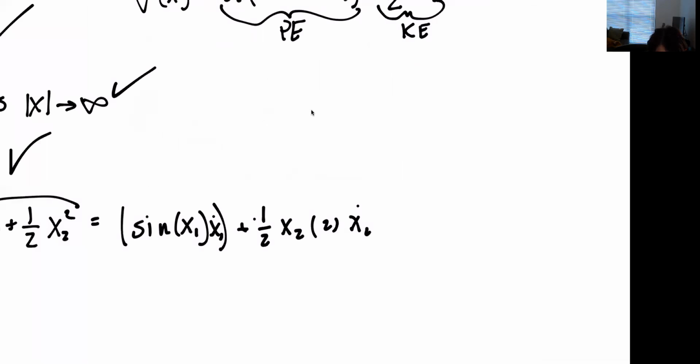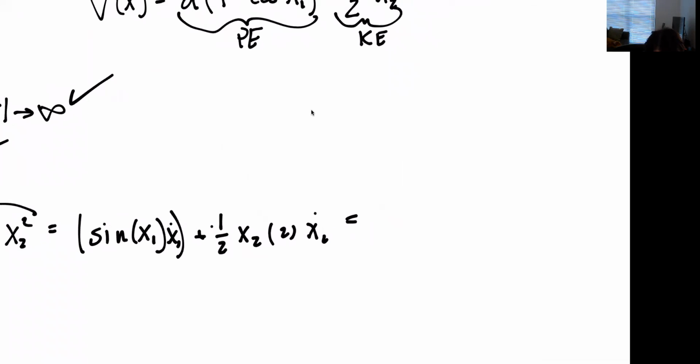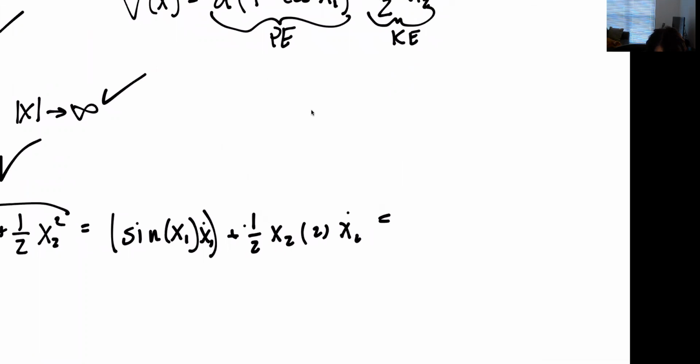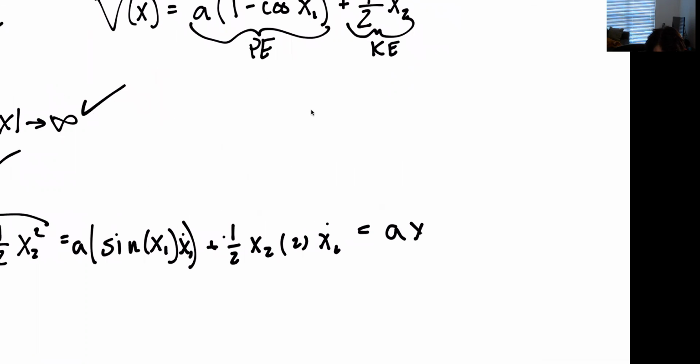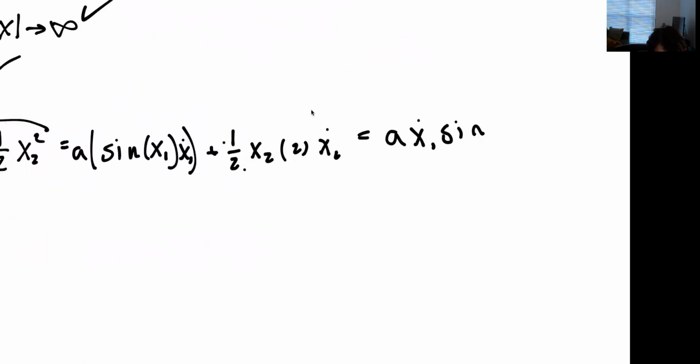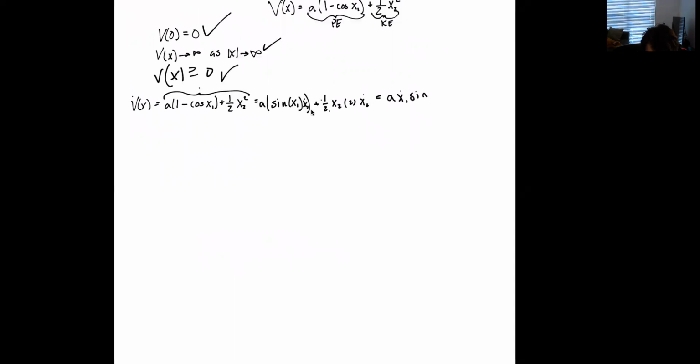All right, so let's move this over. Make sure that conforms with what I got here. Yes, okay, great. So this is equal to a x1 dot sine of x1 plus x2 x2 dot.